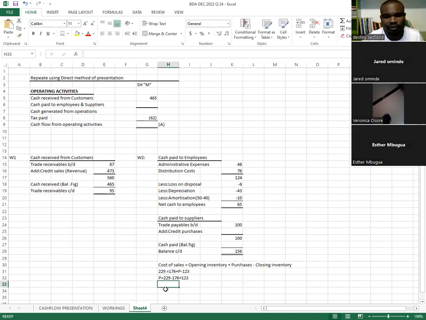So that is the value of P. So P is equal to 229 plus 176 plus 123, enter.